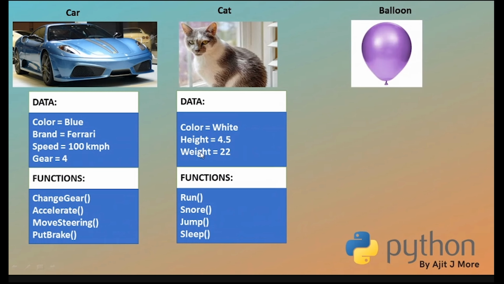Okay. Now one more to give. I'm sure you are tired with these examples. Okay. You have so many examples to see in the surrounding. One more I have given. That is example of balloon. Okay. Now, is this balloon also going to have its own characteristic? Yes. The color of the balloon, the diameter of the balloon, the shape of the balloon, whether it's a round balloon or a heart-shaped balloon.